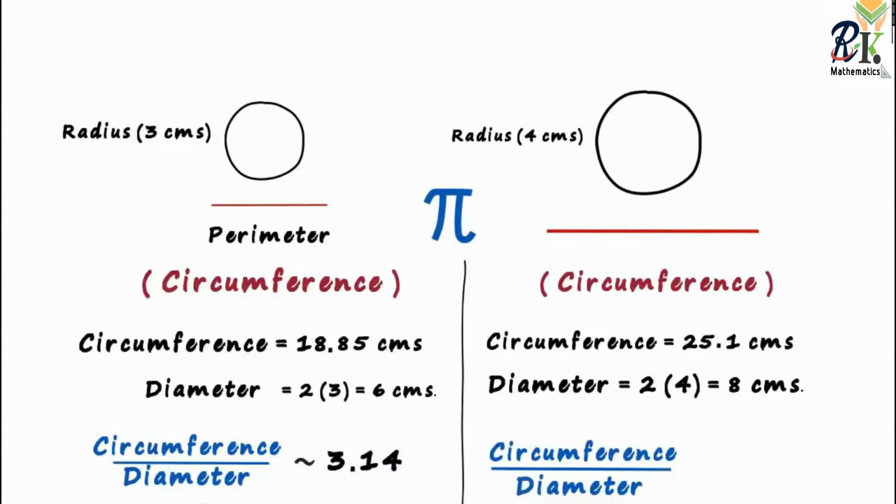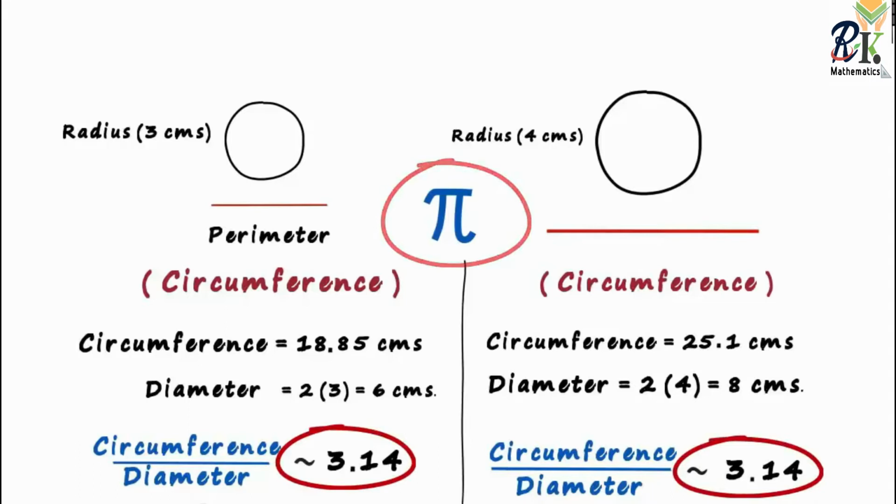And guess what? In the second case too, we get the value of circumference by diameter as approximately 3.14. No matter what circle we take, the value of circumference by diameter will always be approximately equal to 3.14. This value is pi. Remember, both these cases are approximations.